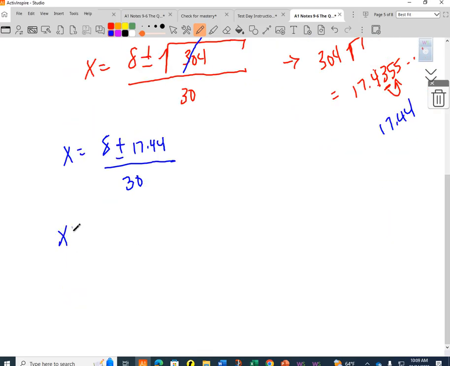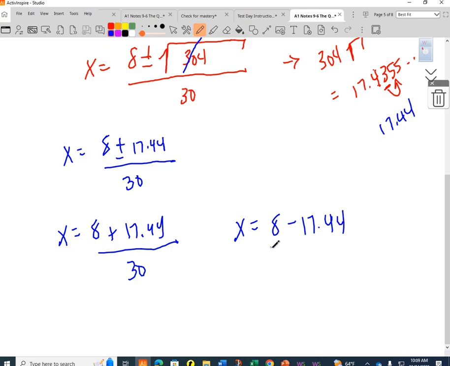So x equals 8 plus 17.44 divided by 30, and x equals 8 minus 17.44 divided by 30. Any questions on how we got here?